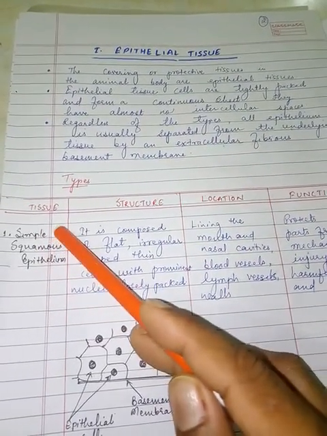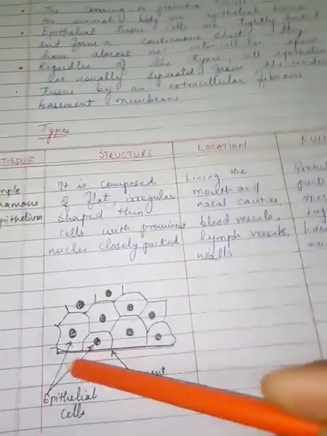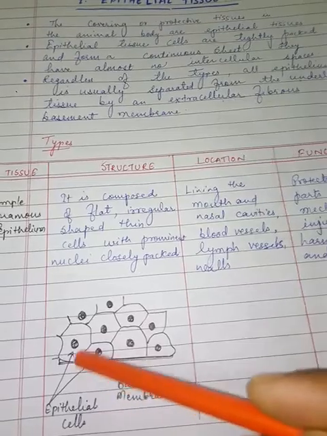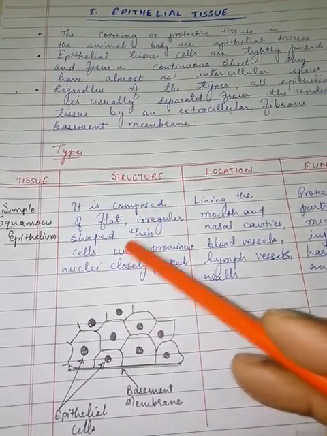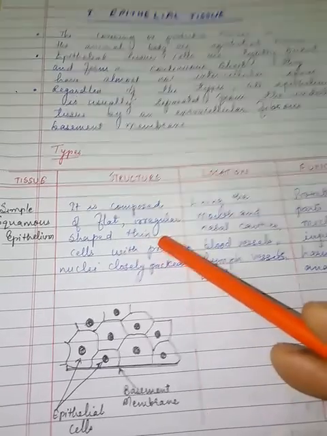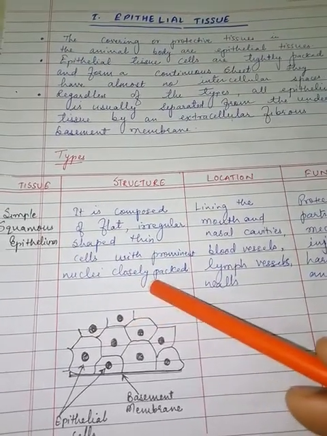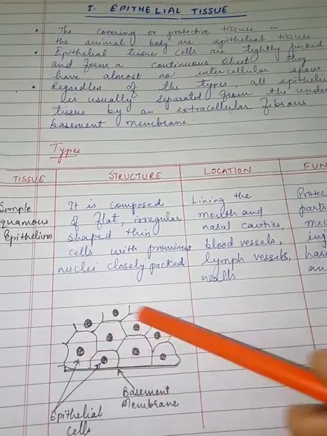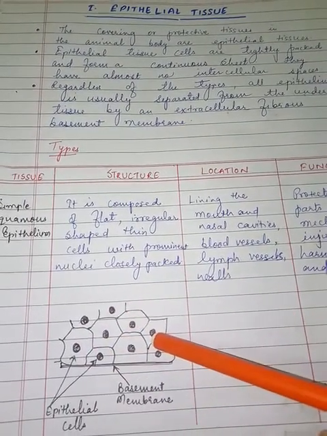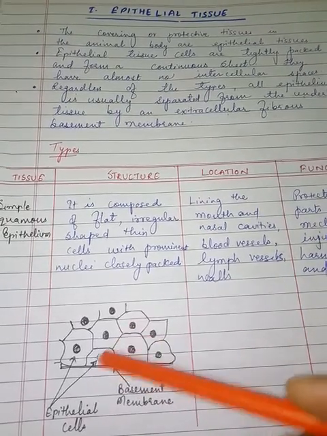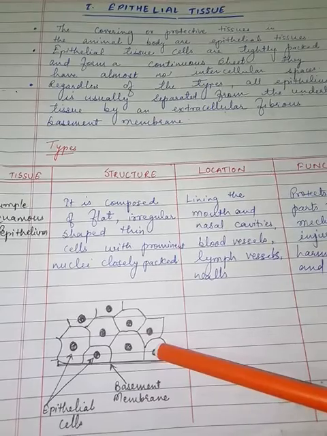So here we have written simple squamous epithelium, and you can see the structure of simple squamous epithelium tissue. It is composed of flat, irregular shaped thin cells with prominent nuclei, closely packed. Can you see here? No intercellular space among them, and they all are arranged like a thin sheet, isn't it?